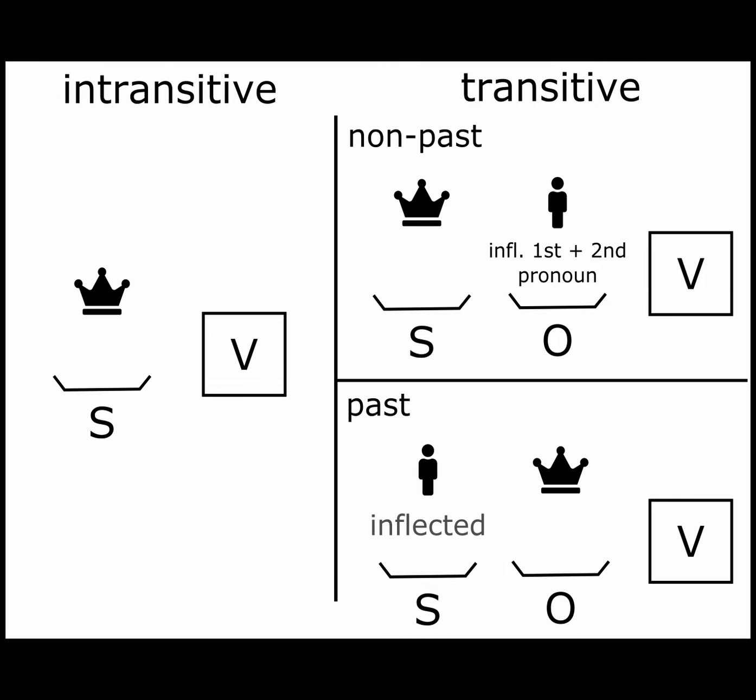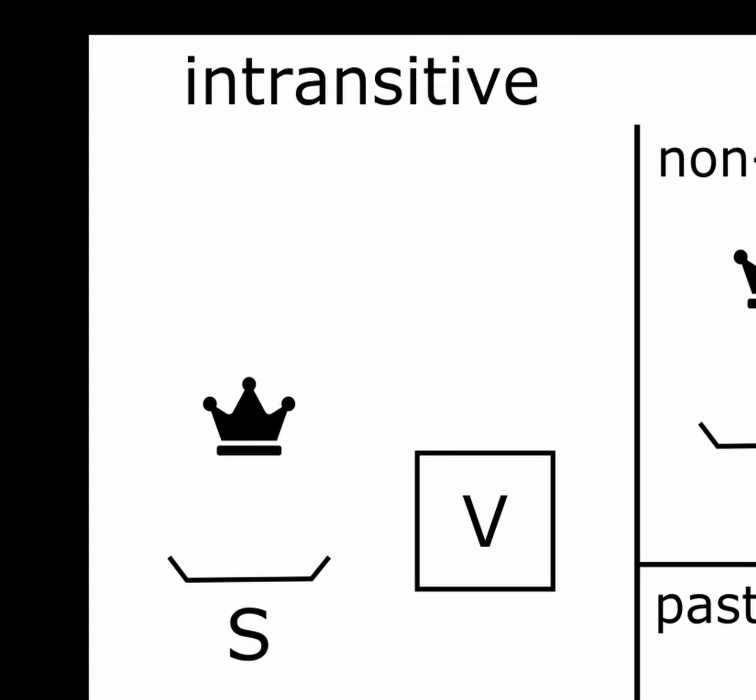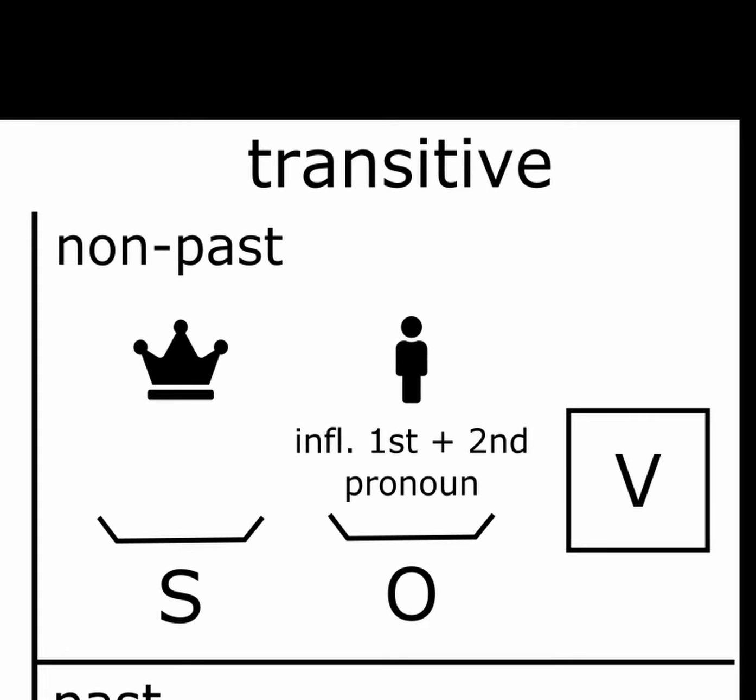So let's review the three types of phrase structures that we saw. With the intransitive verbs, the subject is the king of the sentence, and the subject doesn't inflect. The subject controls the verb. With transitive verbs, if they're not in the past tense, we have a subject, which is still the king of the sentence. It does not inflect.